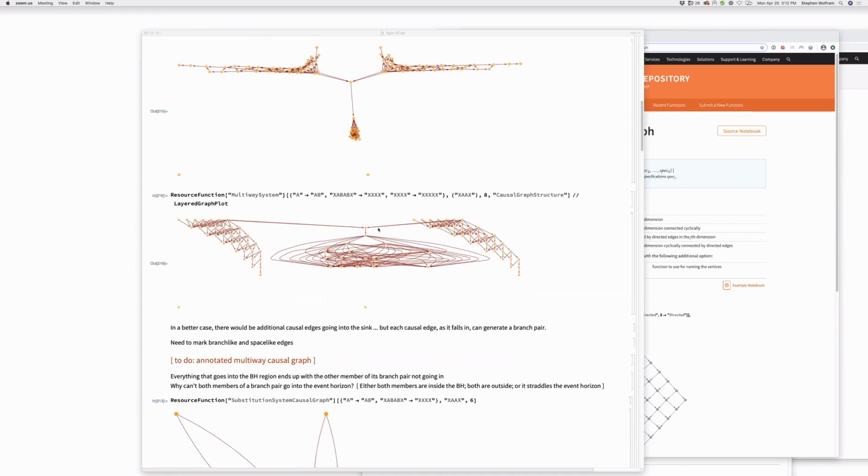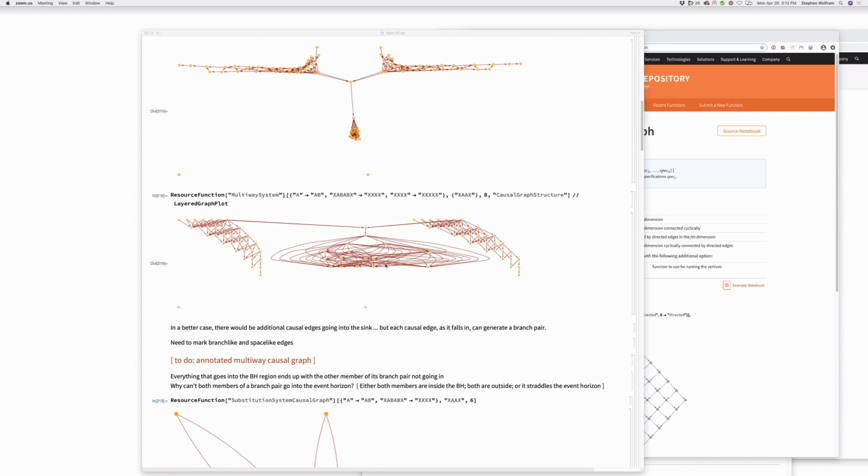So you're saying that in this flux of causal edges into the black hole, we're having to say that only certain features are measurable, so to speak, with respect to the black hole, right?